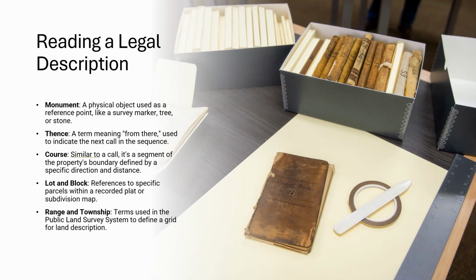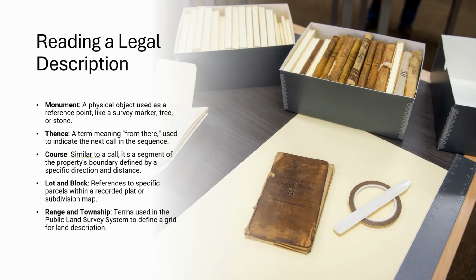And then you have your range and township, and those are both terms used in the public land survey system to define a grid for land description. That's something you'll see in other states, not necessarily in Texas.